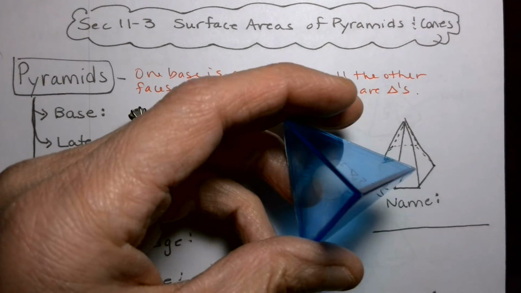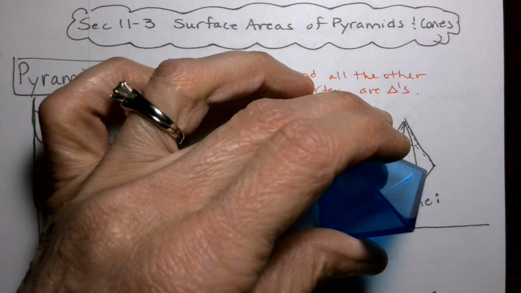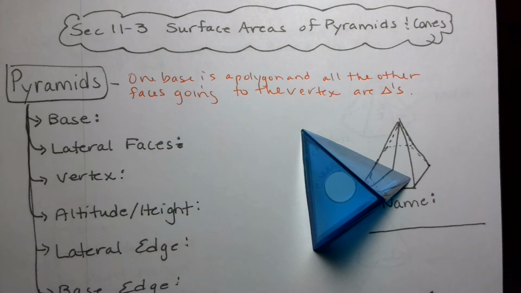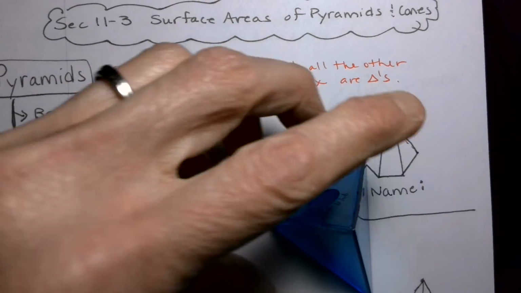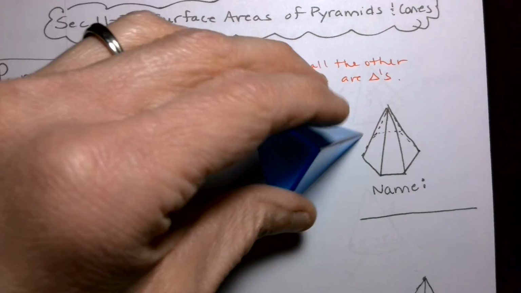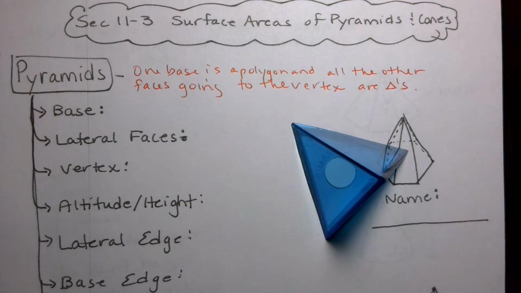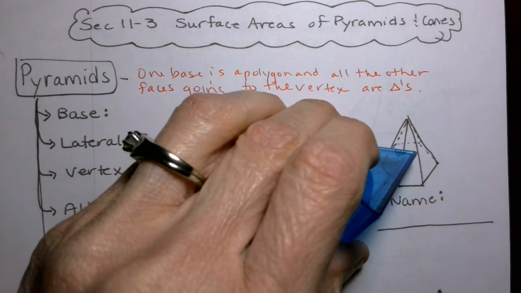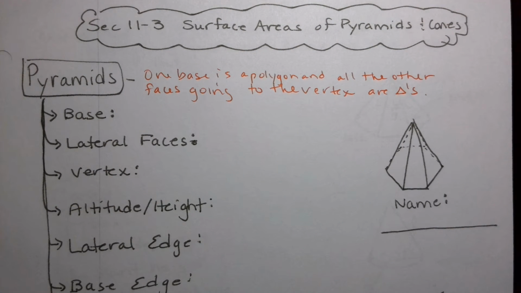That's the base. Now this one, all you see is triangles. But these three, it doesn't matter what way you lay it, that's a triangular pyramid. And in that case, they're all going to be triangles, but only in that case.